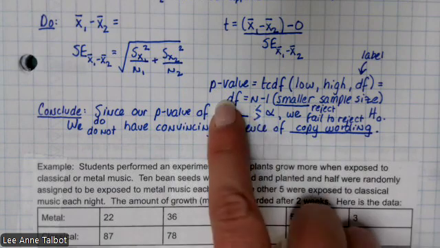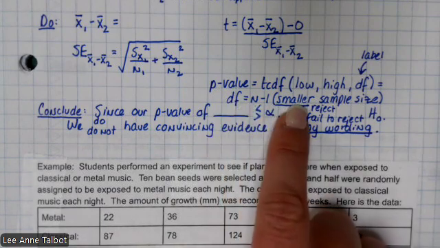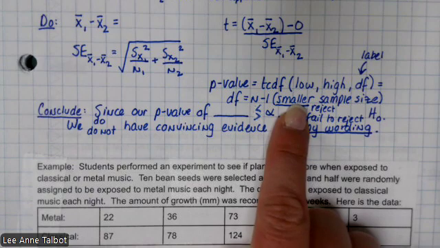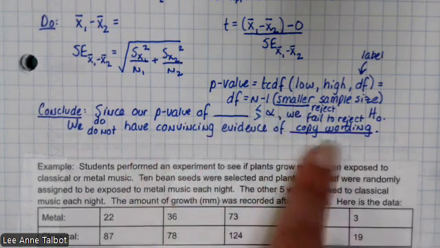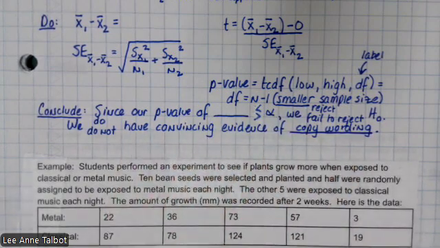Does it make sense about degrees of freedom is n minus one of the smaller sample size? And then we've been writing this for some time, so.